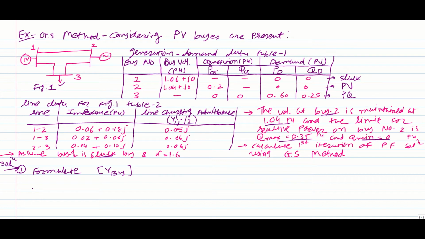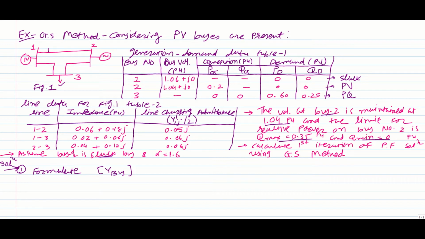I hope you all are clear about the formulation of the Y bus matrix. If it is not clear to you, let us look over here again. Here the line charging admittance is given, and we know that the line charging admittance is equally divided on this transmission line, because we are considering the pi model of the transmission line.